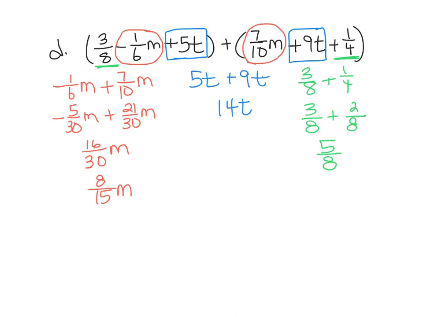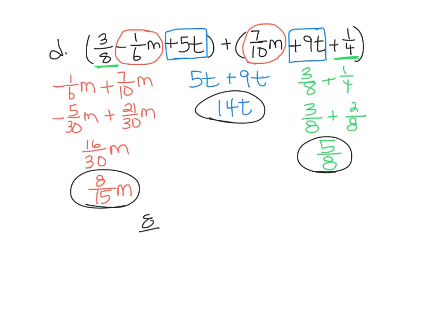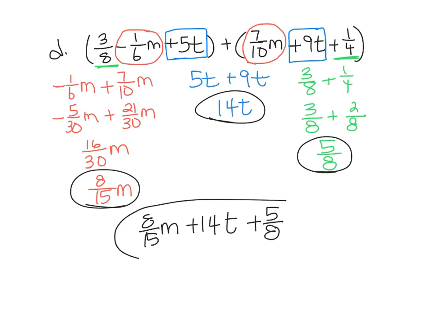So what that means is if I'm going to put these three pieces back together in an expression, I have 8/15 m plus 14t plus 5/8. So although that one seems to be way more complicated because of the fractions, it's really not as bad as it seems.